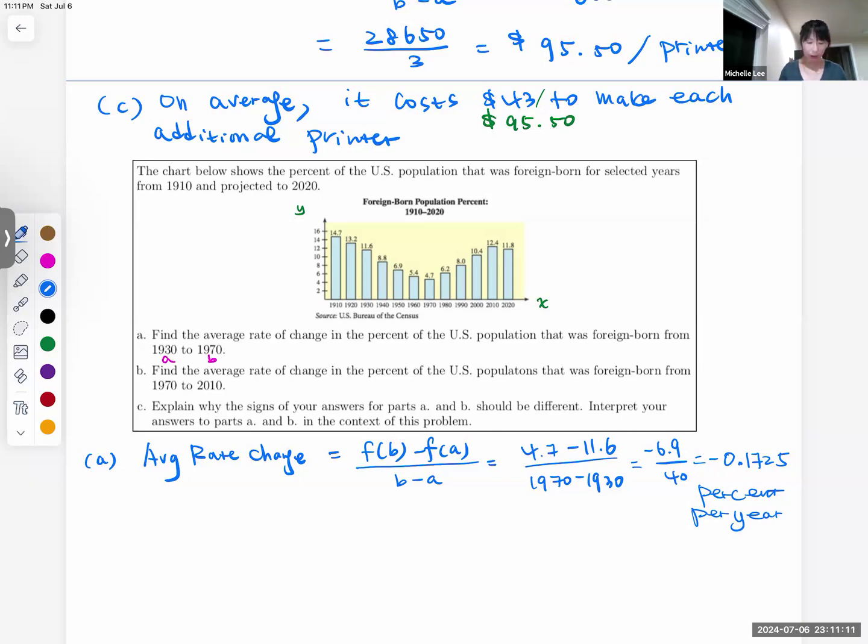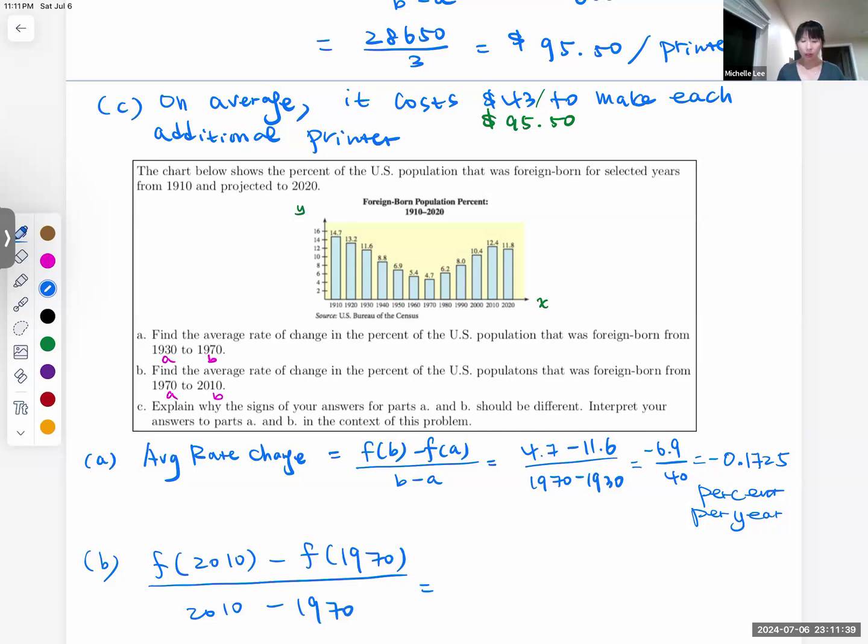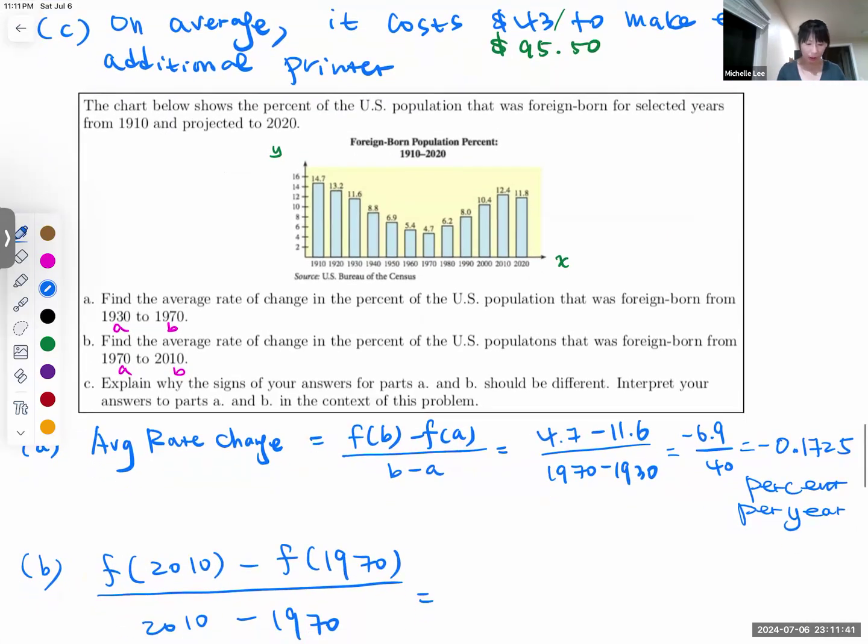Okay, second part, same process. This is A, this is B. So we have f of 2010 minus f of 1970 over 2010 minus 1970. Okay, let's read 2010, 12.4.